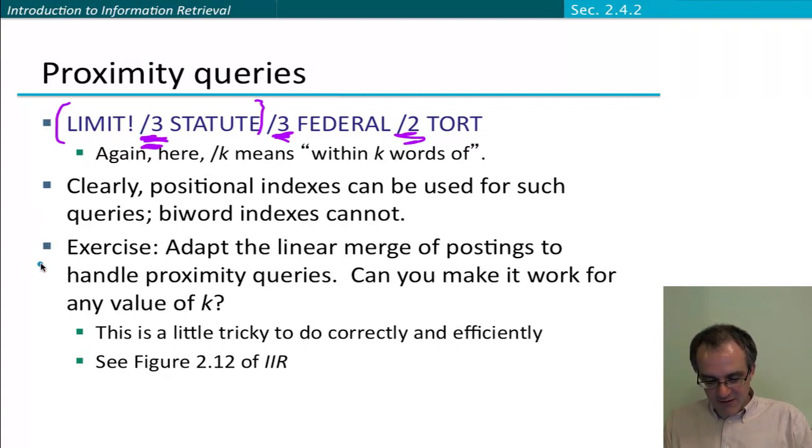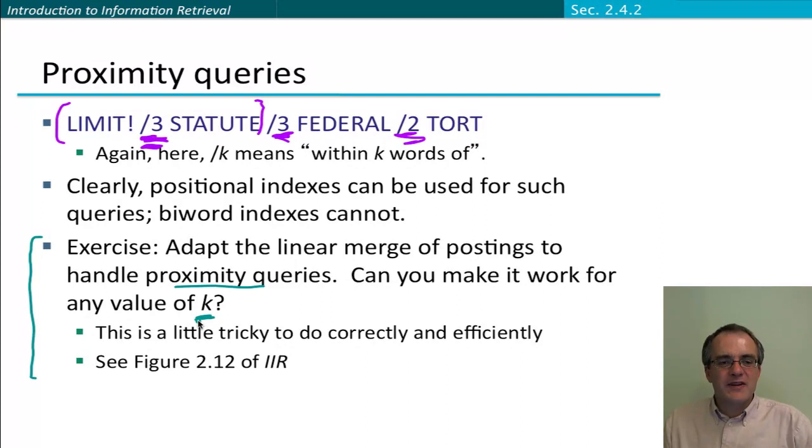So I've sort of said the algorithm here, but it's something that you might want to work through very concretely, is how you can change the linear postings merge algorithms to handle proximity queries. In particular, you can think about how to get it to work for any value of k.